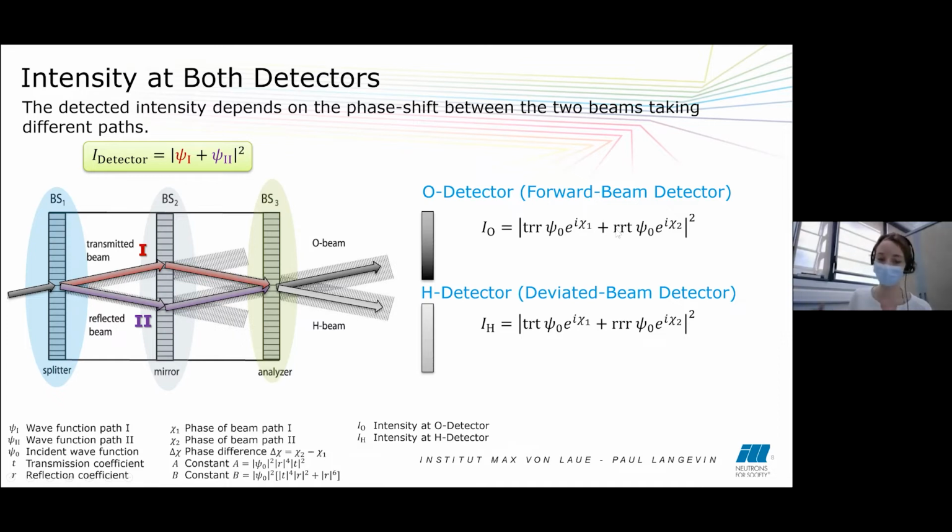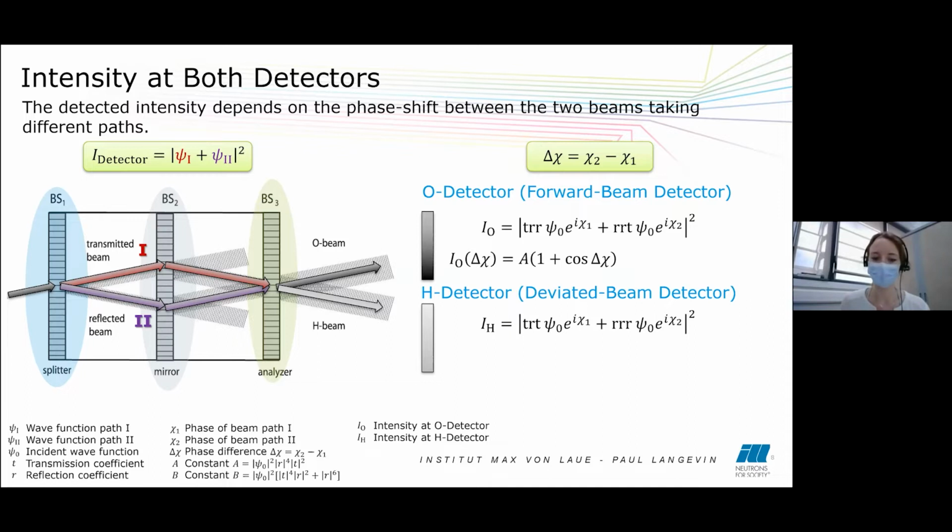And since we're dealing with interferometry, we are interested in the intensity modulation arising from the phase difference between the waves of both beam paths, which is given by this equation. And in the ideal case, the intensity pattern for the O interferogram displays complete modulation according to this cosine equation. I will talk about how we achieve this phase shift in the next slide.